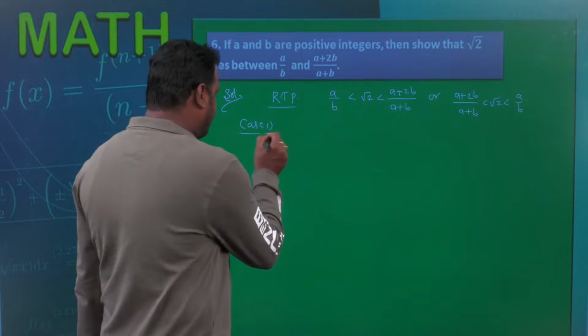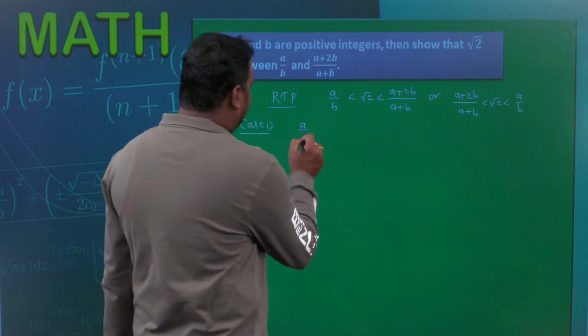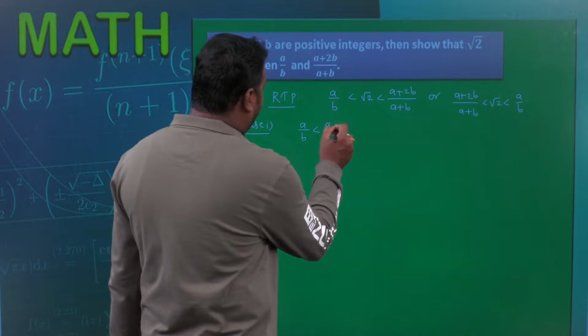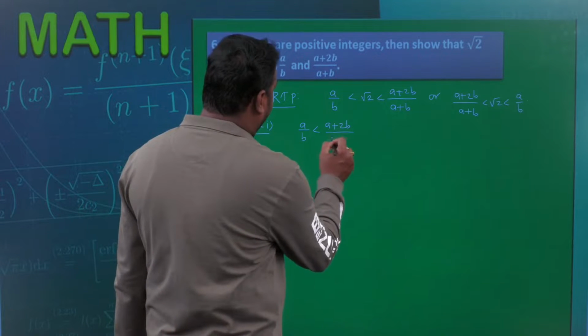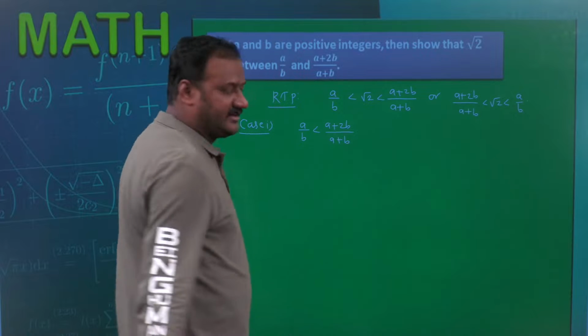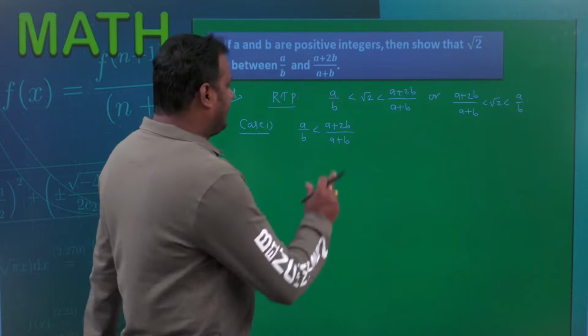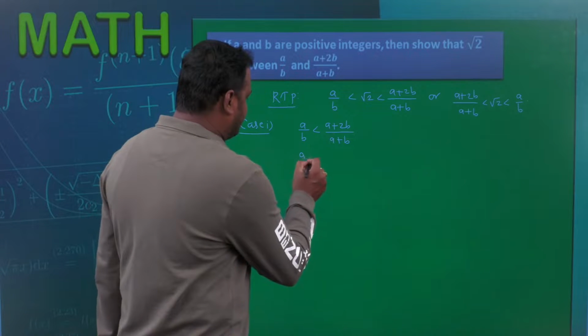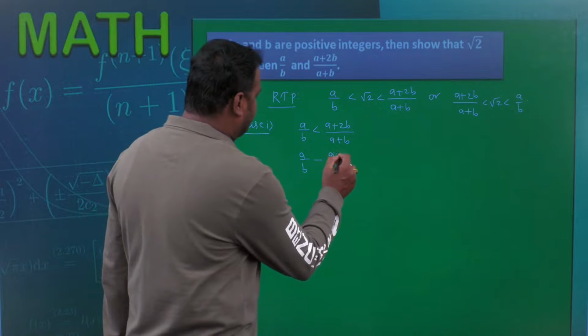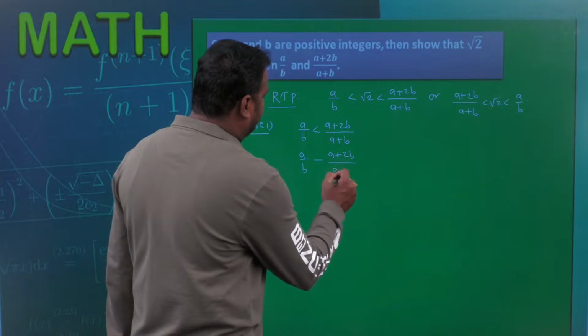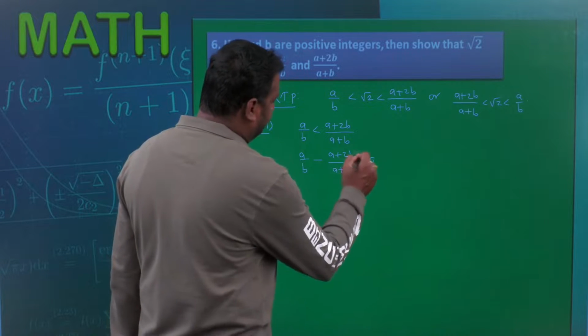Case 1: suppose a by b is less than a plus 2b divided by a plus b. Transpose this to the left hand side, then a by b minus a plus 2b divided by a plus b must be less than 0.